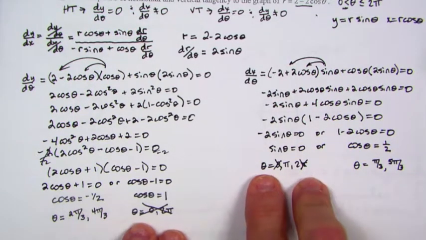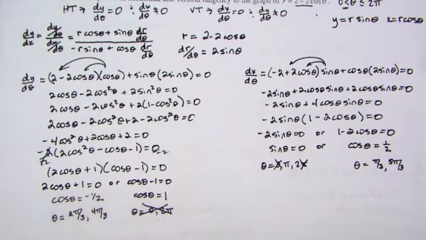So since 0 and 2 pi are values that they share, we're going to have to cross those out. They won't be included. So my values of theta where I have a horizontal tangent are at 2 pi thirds, 4 pi thirds. And I would have a vertical tangent at pi, pi thirds, and 5 pi thirds.